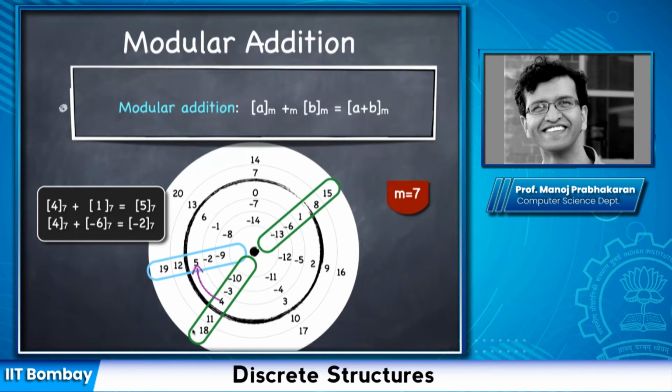Then I want to move this congruence class -6 steps, that means 6 steps in the anti-clockwise direction. So from 0 I come down to -1, -2. So 4 minus 6 is -2, right? That's what I did by going counterclockwise. I would end up with -2, but it lies in the same congruence class.